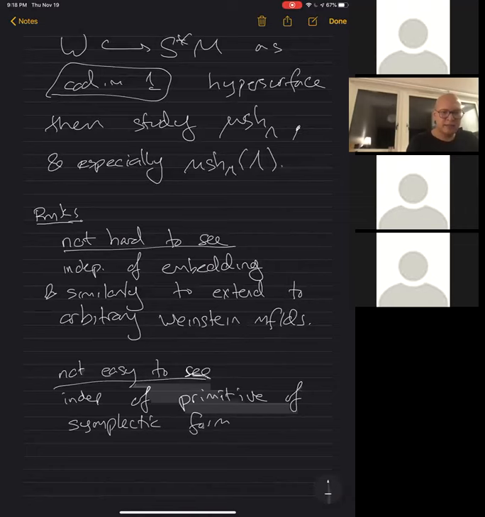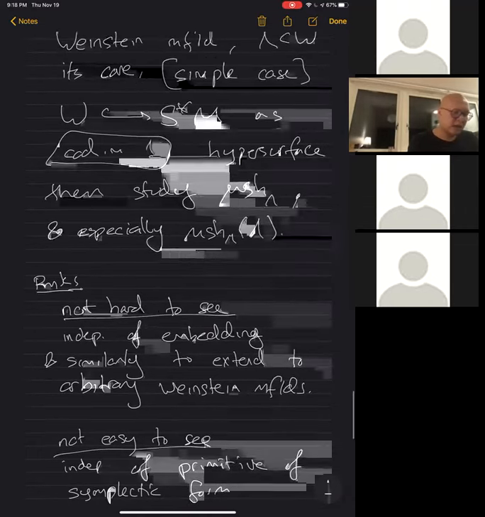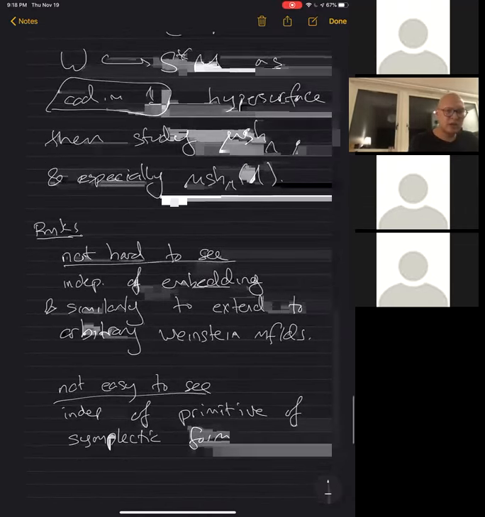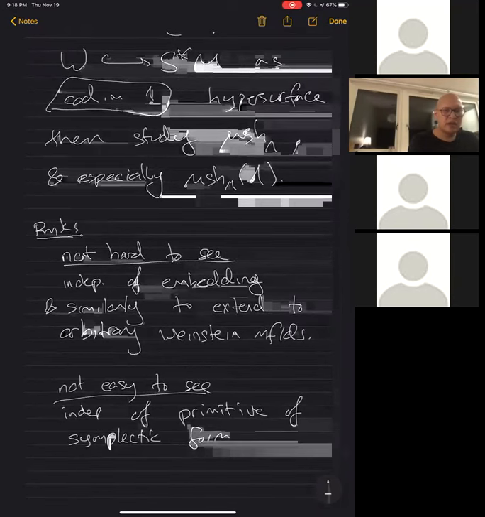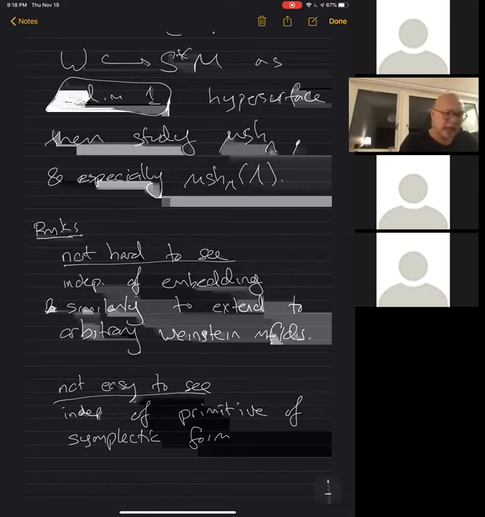You see, this category is supposed to only depend on W, and so maybe I remind you just briefly what a Weinstein manifold is. It's an exact symplectic manifold. In other words, I have not just a symplectic form on W, I have a one form, which is the primitive of the symplectic form. And that one form is what determines this lambda.